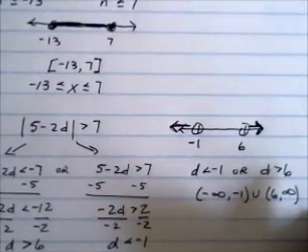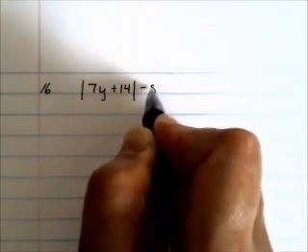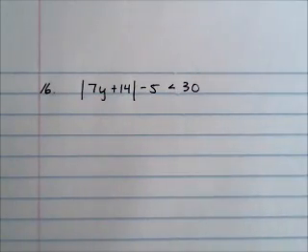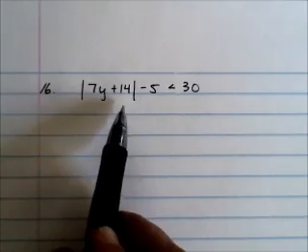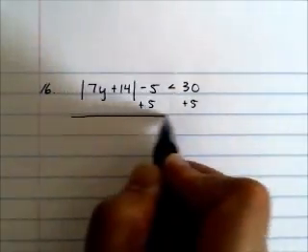And the last one we're going to do is number 16. It's another absolute value inequality: the absolute value of 7y plus 14, minus 5, is less than 30. Okay, so we need to isolate the absolute value first. Our first step is to add 5 to both sides.